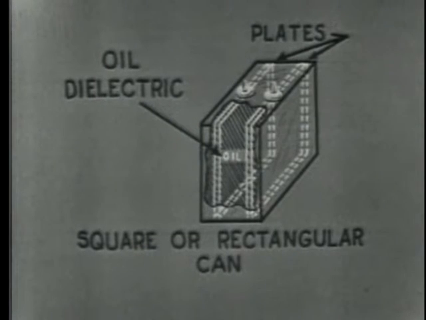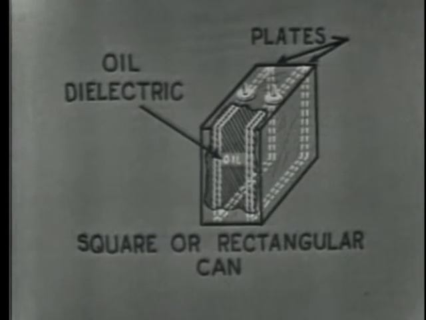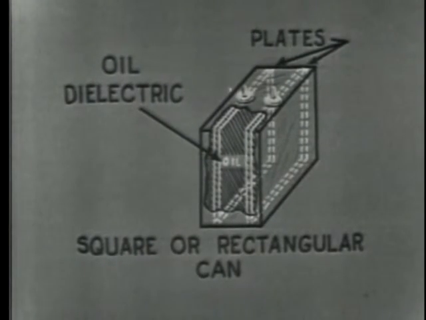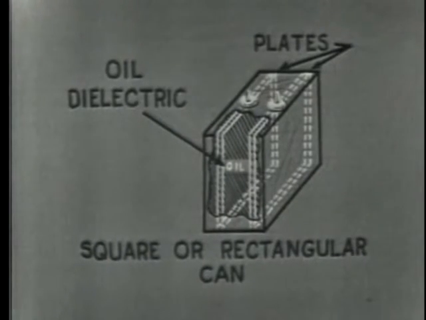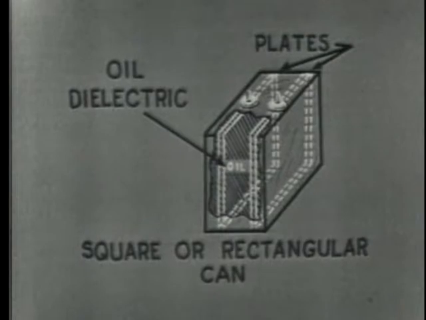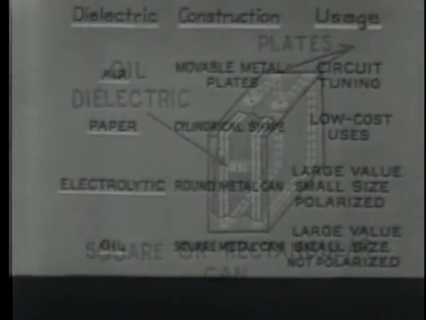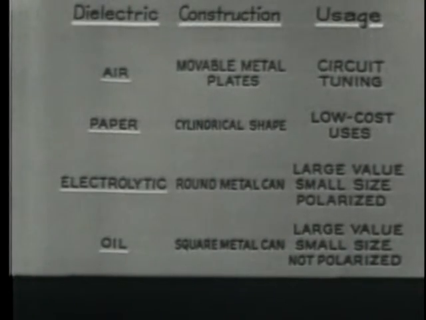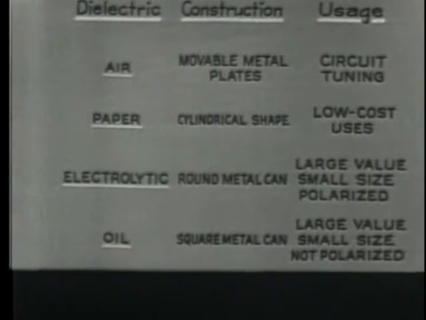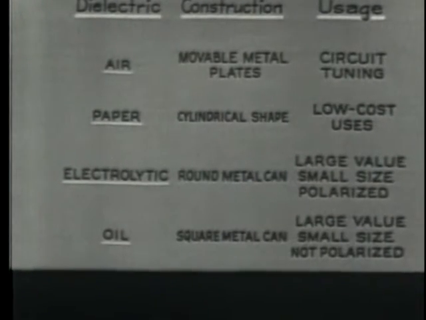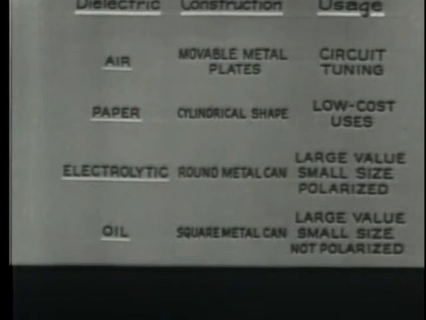You'll notice that there are no polarity markings on the can. It is not polarized and can be used in both DC and AC circuits. Remember, large capacitors of the electrolytic and oil-filled types are both contained in metal cans.